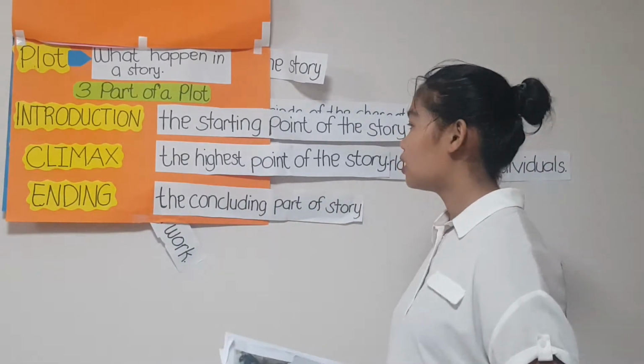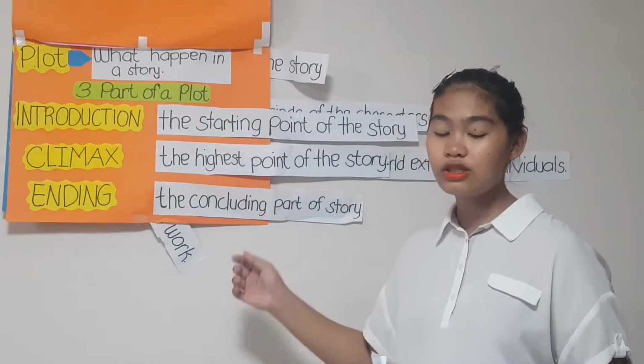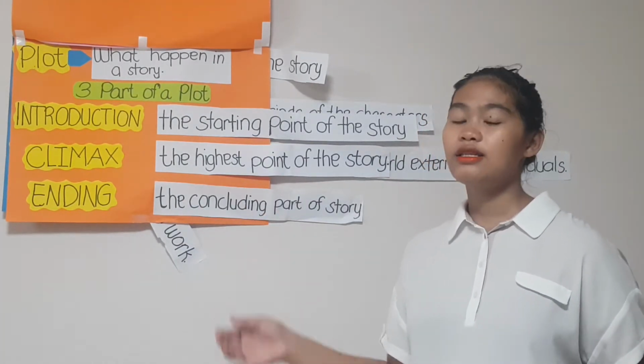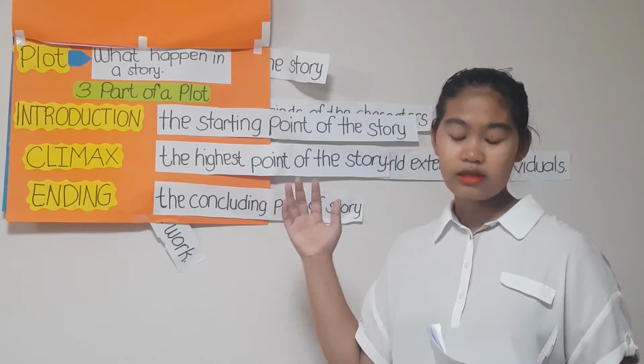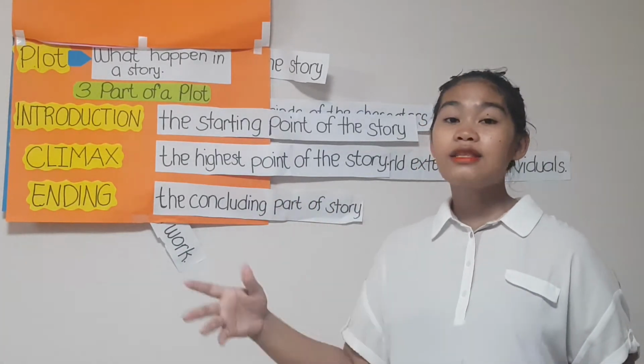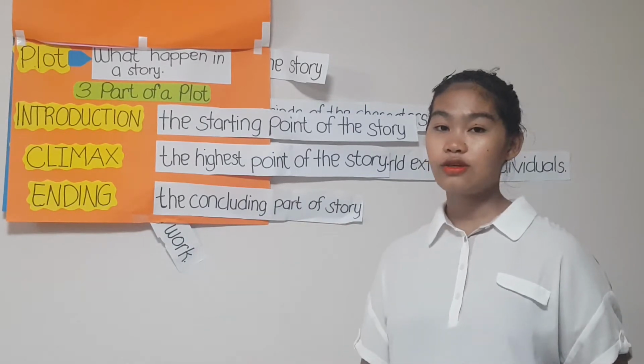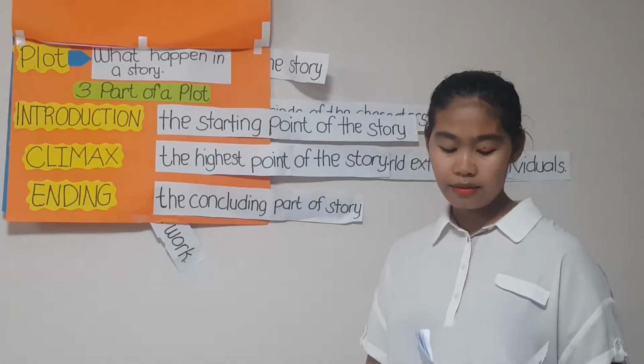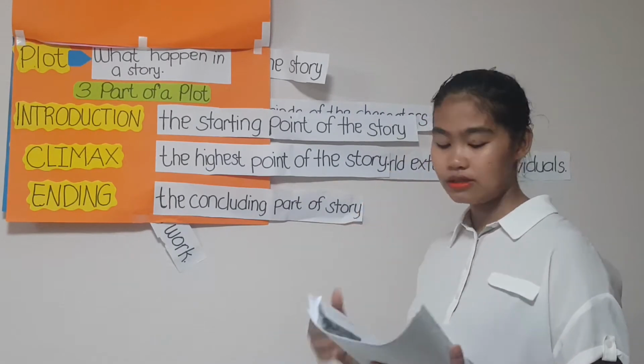First, we have the introduction. The introduction is the beginning of the story. The character background and settings should be revealed. So, you can find the settings in the introduction of the story. And then we have the climax. It is the highest point of the story.